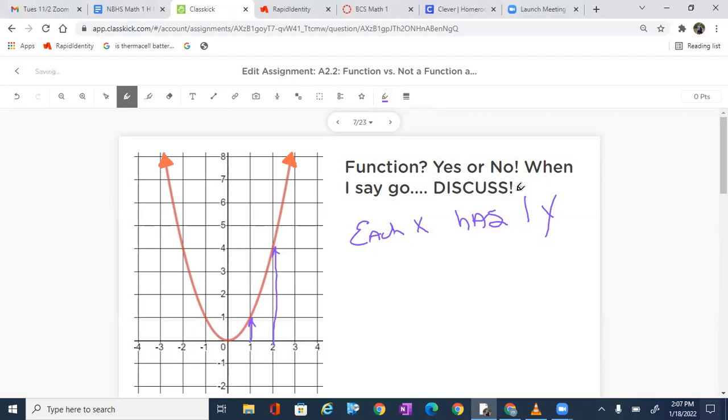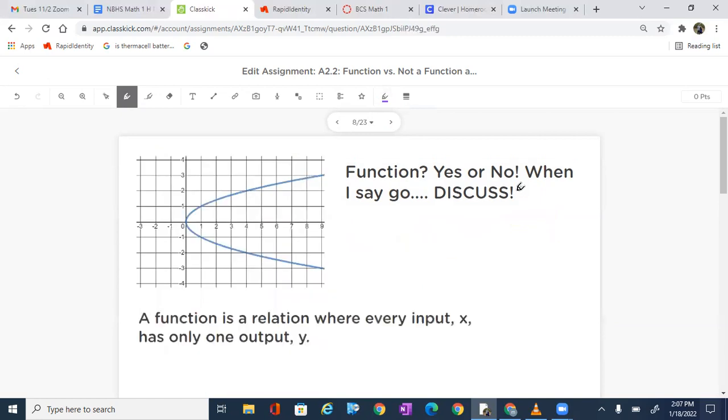If I go to this x, it has an answer. If I go to this x, it's got an answer. And I just keep doing that. It's called the vertical line test. It's only going to intersect at one point. There's one answer right here. This is a function because for each x, there's only going to be one answer above or below that x value. Okay, but let's go on to number 8 here.